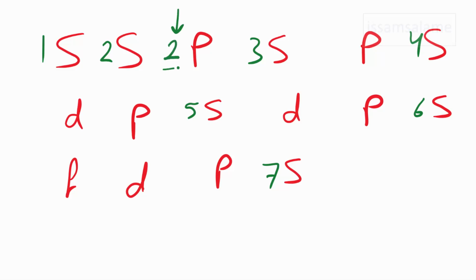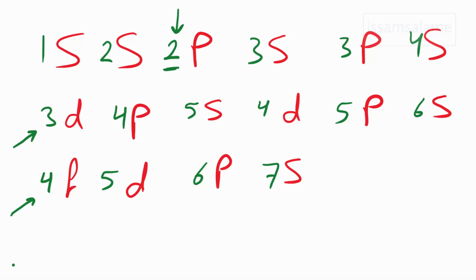So we put 2p, then the next one 3, then 4, 5, and 6. D now: as you know, the d subshell starts from the third shell. So we put 3, the next one is 4, the next one is 5. And f starts from the fourth shell. You can refer back to the table that I explained at the beginning so you are not confused.